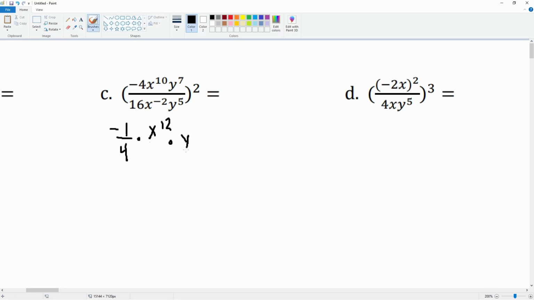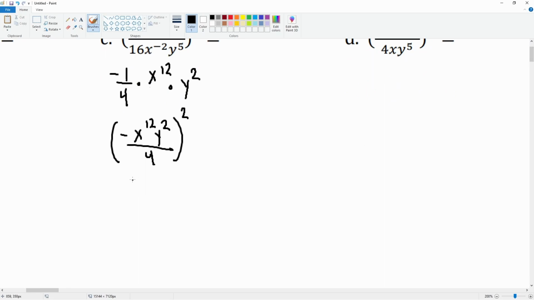Then we have y to the 7th minus 5, and that's going to be y to the 2. So we have negative x to the 12, y to the second power over 4. That's all inside the parentheses to the second power. Now we distribute that 2 into each term.